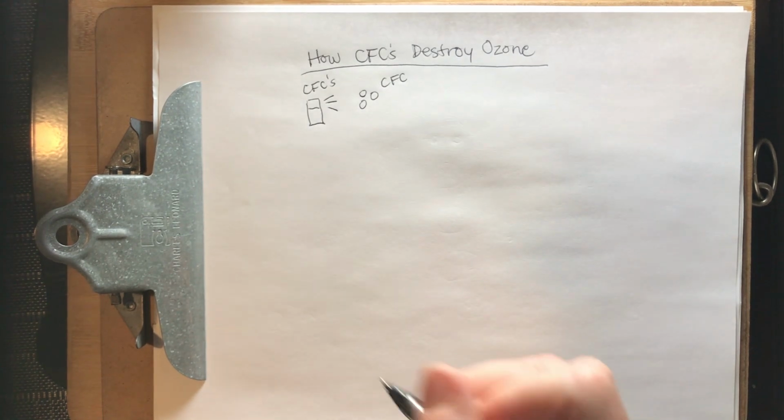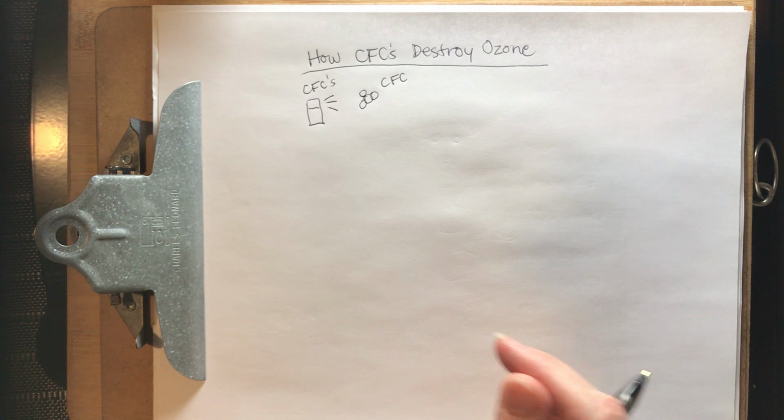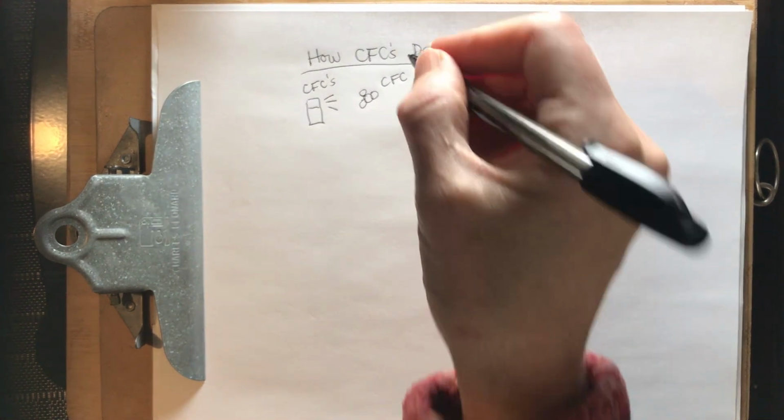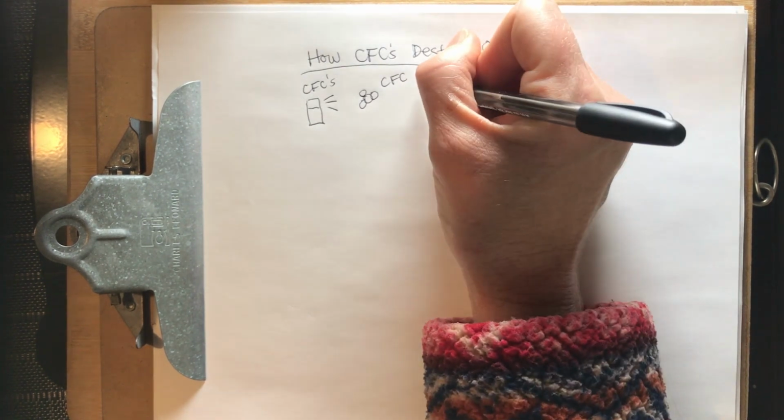Okay, so we have these CFCs that are propelled out of the bottle or the container, and then they go up into the atmosphere, and we know that they have a very long residence time.